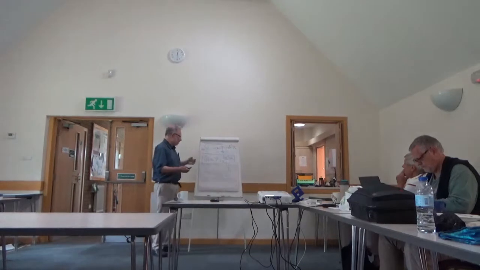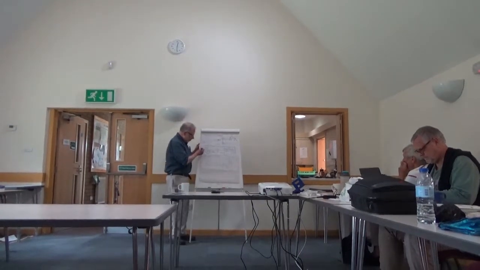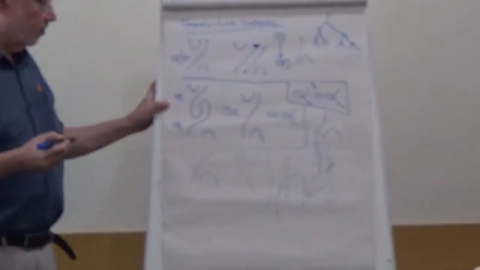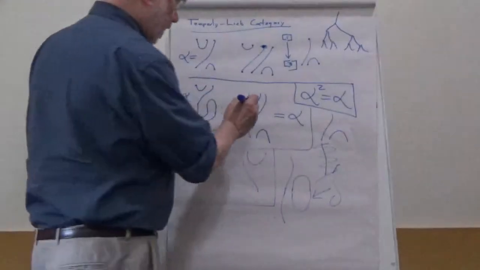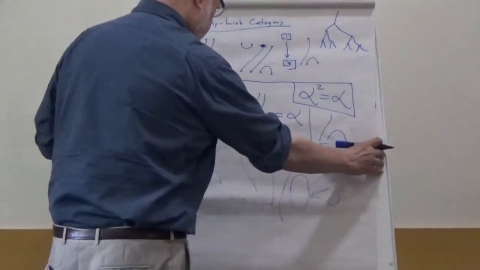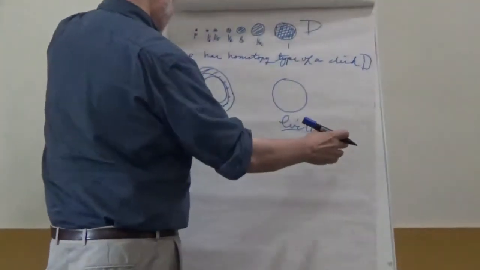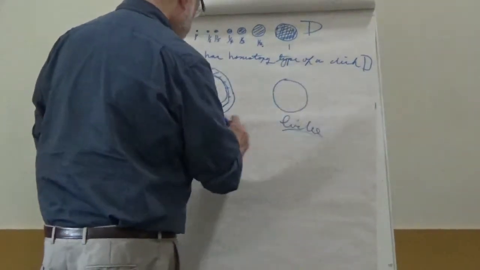Now taking the topological categorical point of view on these things, you could ask the question, how did it happen that alpha squared was equal to alpha? You saw it happen because this topological wiggle went away. But if you look at the structure of alpha, let's do it on another board.